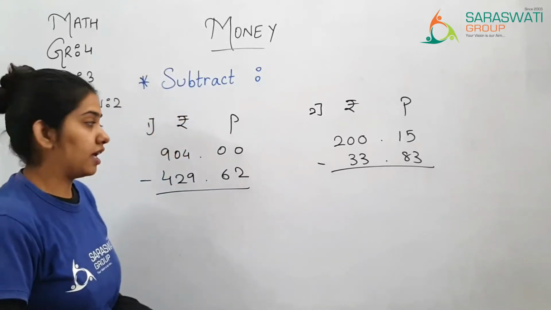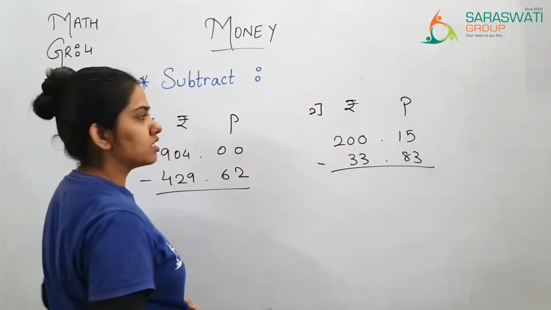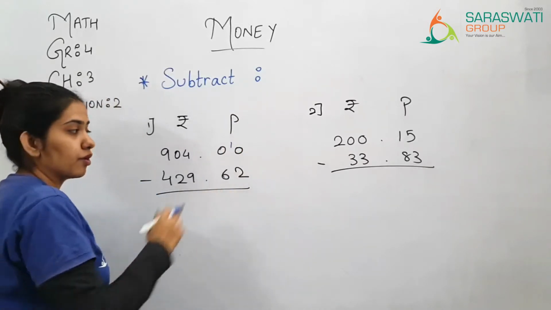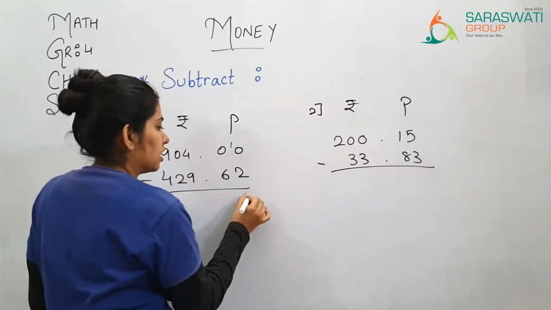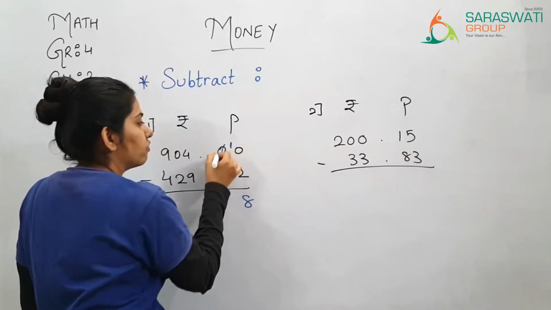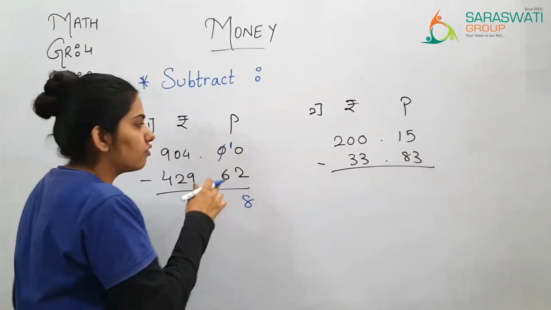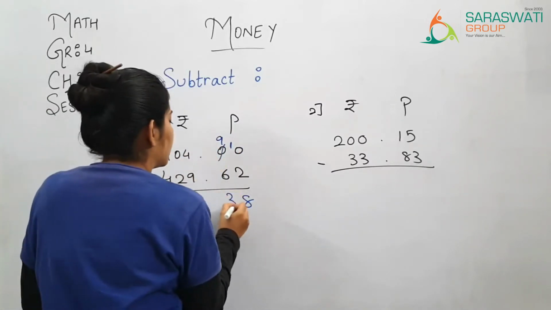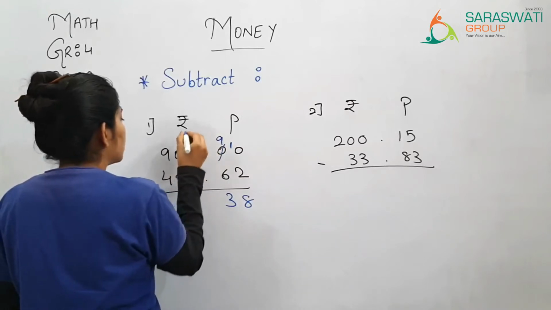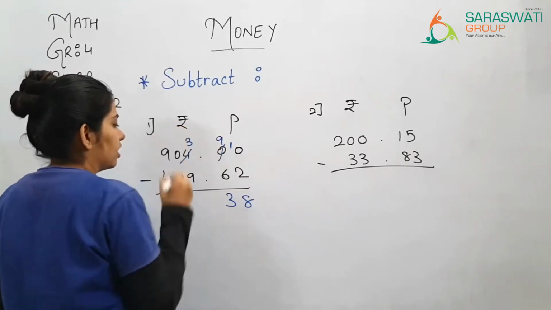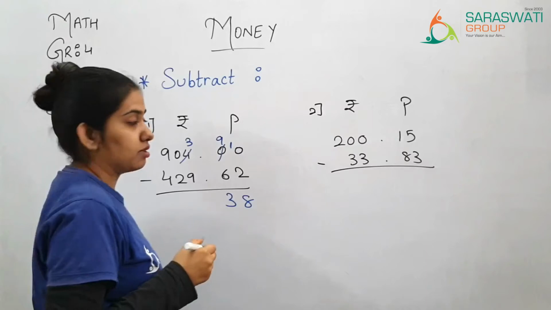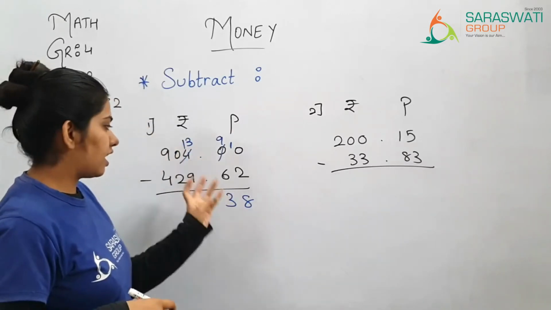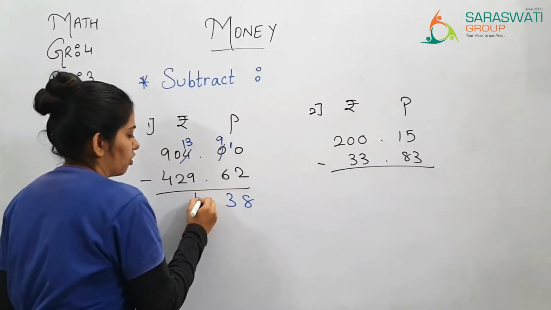Now let us subtract. 0 minus 2 not possible, so we will add 1, and now 10 minus 2, 8. Here we have added 1, so now we will subtract 1 from here, so here it will be 9. 9 minus 6, 3. Here 9 is there, so here we will cut and write 3. 3 minus 9 not possible, so we will add 1. 13 minus 9, 4.